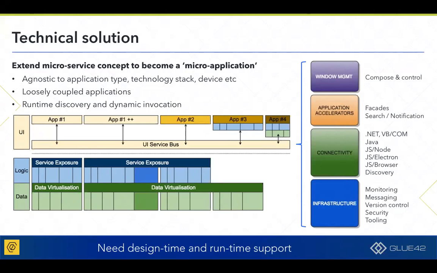And also it needs to be very aware that there are other technologies out there like .NET, VB, Java. We're not just a JavaScript world now. We're very much a plethora of UI technologies.